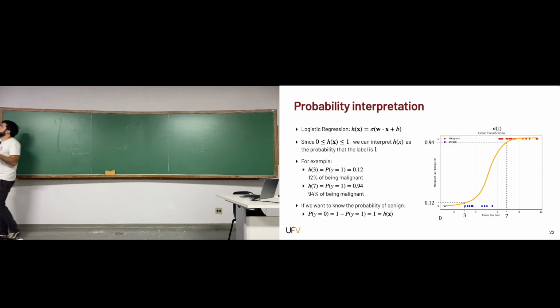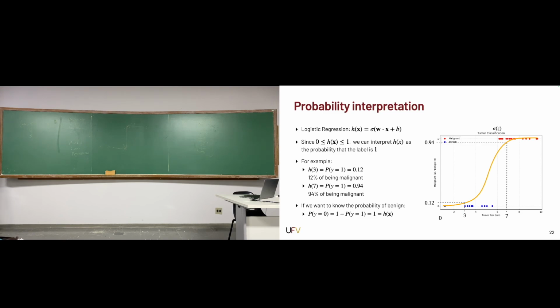Because we are in a binary classification world here, if we want to compute the probability of a certain example being benign, I can just use the rules of probability. The probability of y being equal to 0 is equal to 1 minus the probability of y being equal to 1, and this is what our model gives.